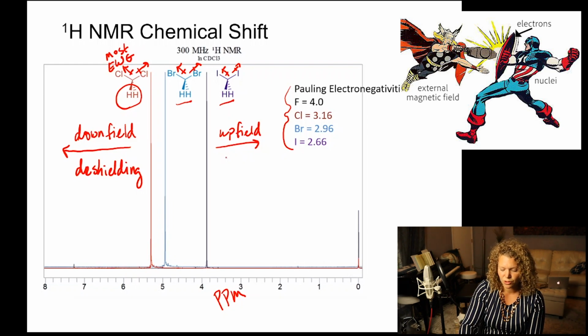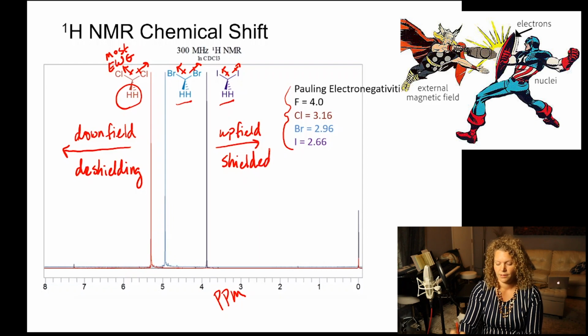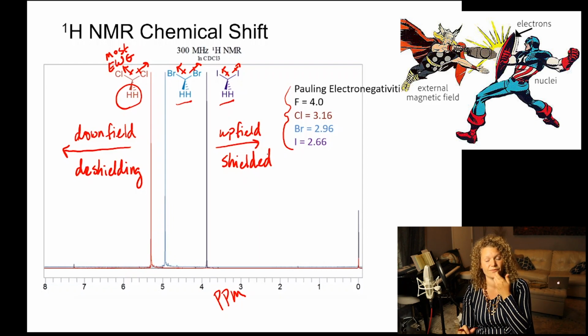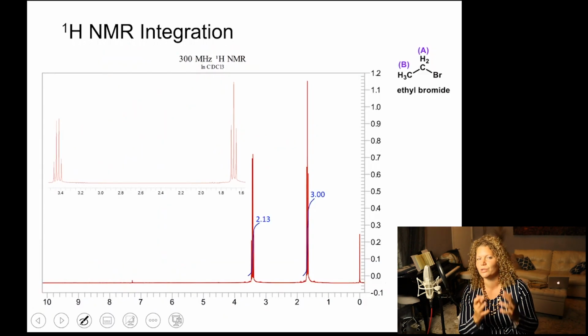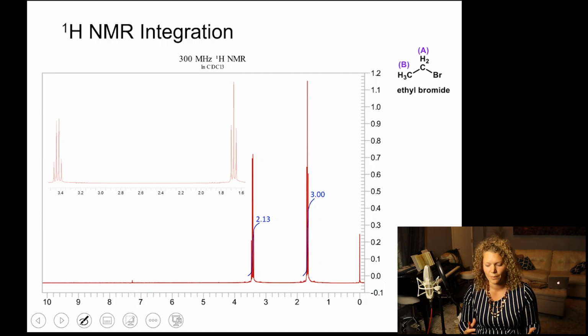Anytime you have an upfield shift, you would say that the atoms for this signal are more shielded. They have more electron density around that atom, which shields it from the external magnetic field.